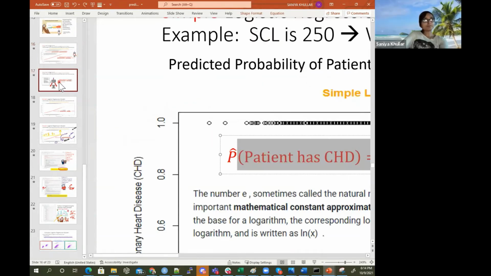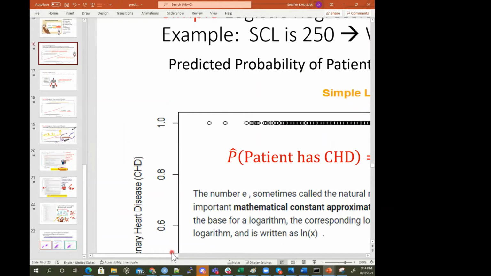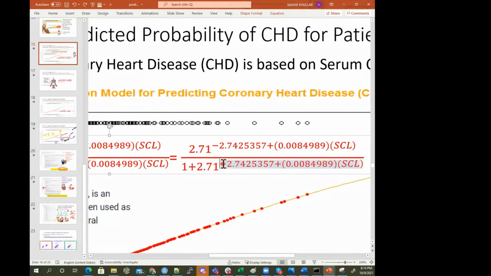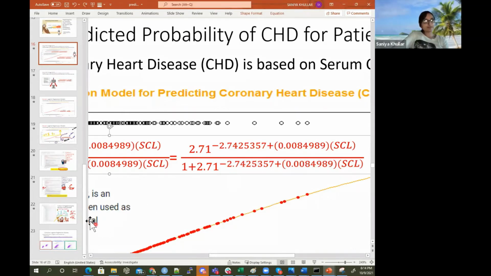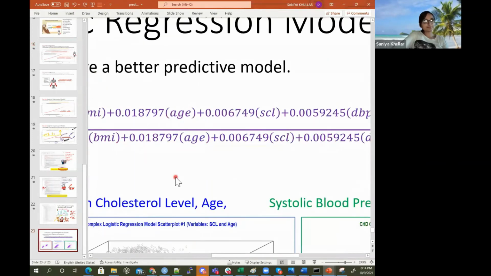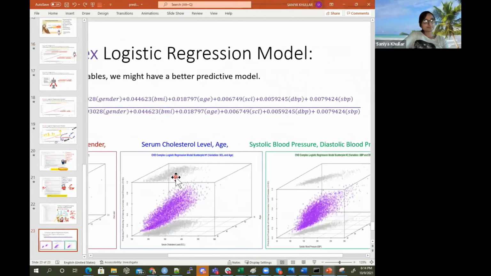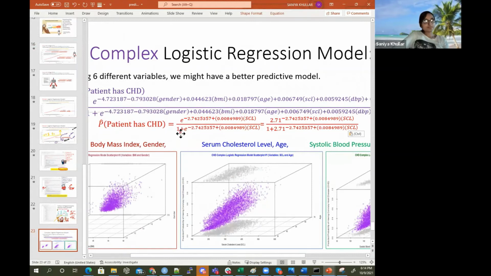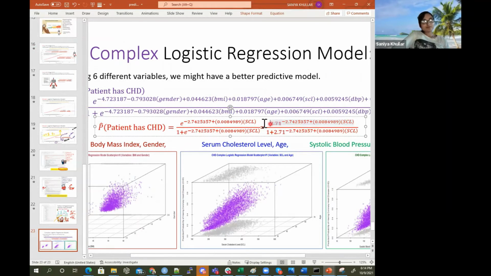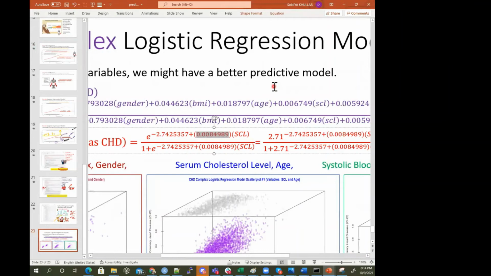So before, what was in this equation? Let me just copy this here. Maybe this will be a little easier to compare. So for the simple model, what was in front of serum cholesterol level? What was this number here? 0.0084.